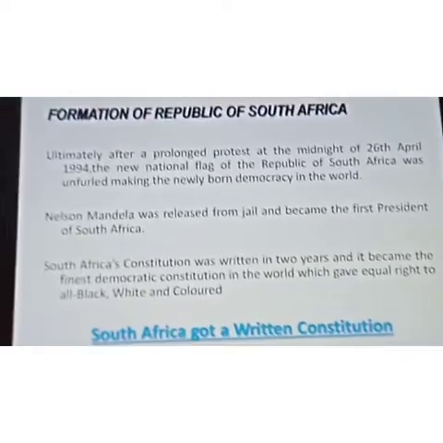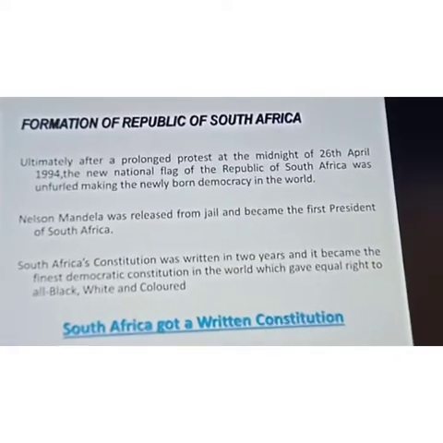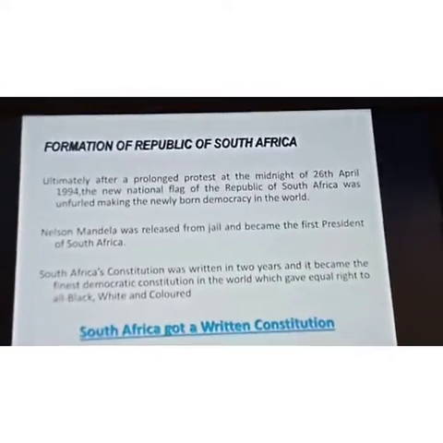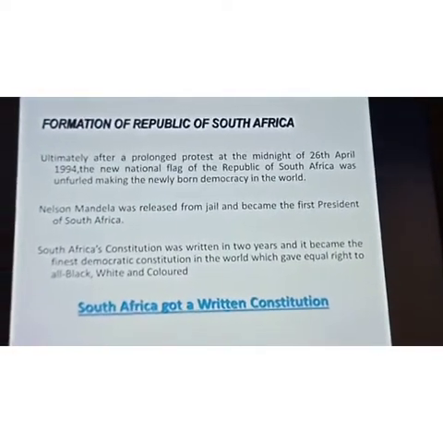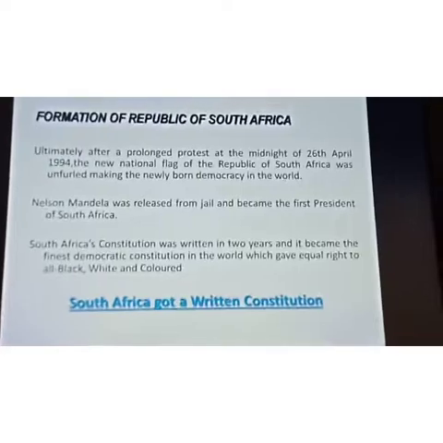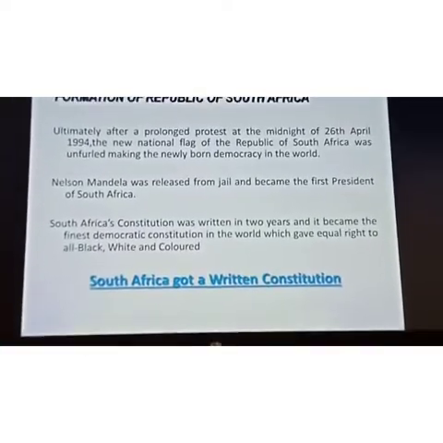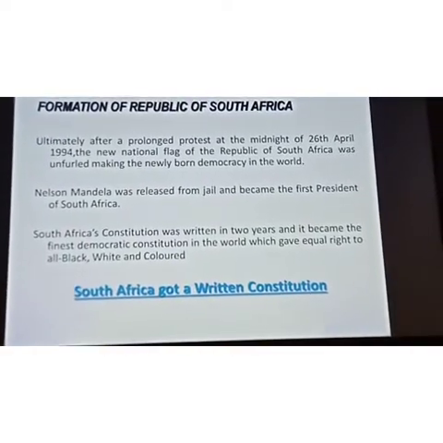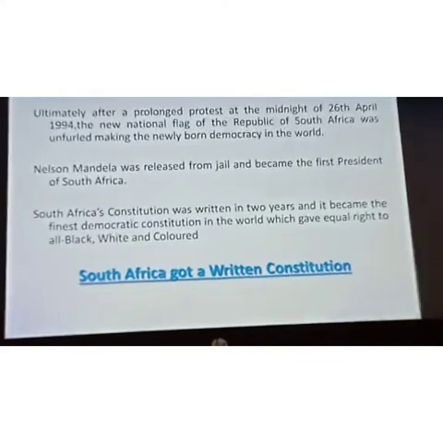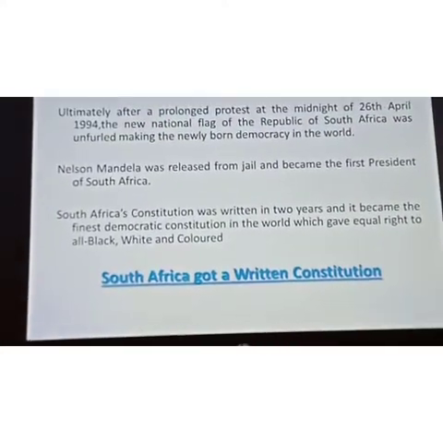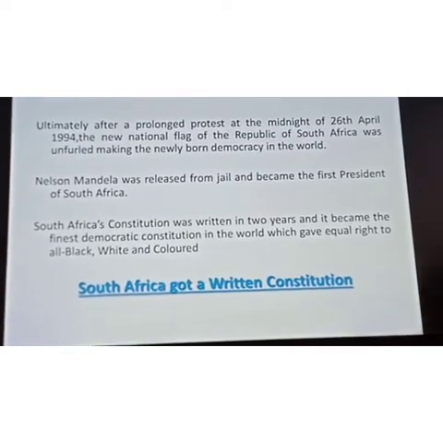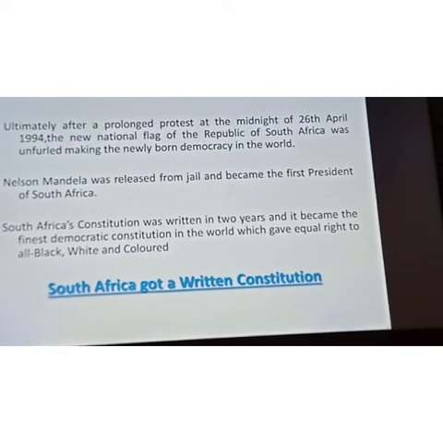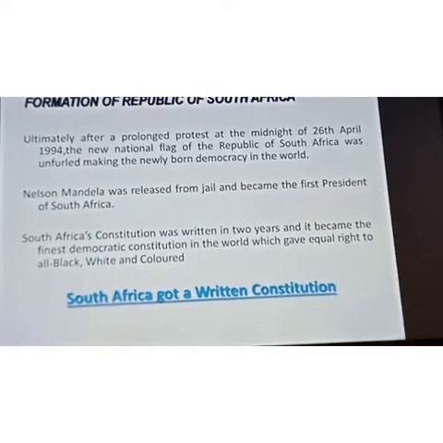So the last part, you see, South Africa's constitution was written in 2 years and it became the finest democratic constitution in the world, which gave equal rights to all: black, white and colored. When the time came to decide what the South African blacks would do with the whites, because whites had oppressed them for a long time, the blacks decided that in the new constitution they would keep the society equal, and there would be no discrimination against the whites.